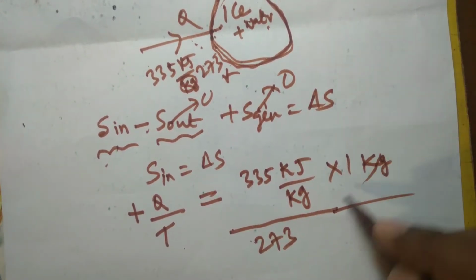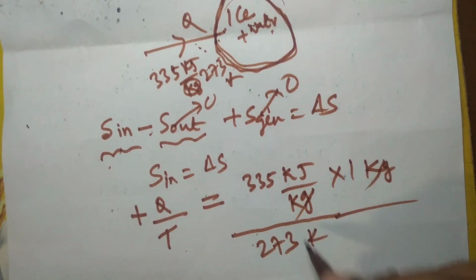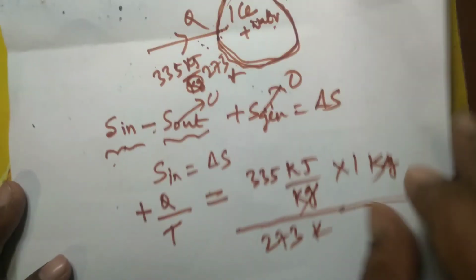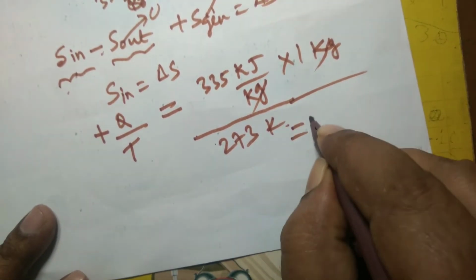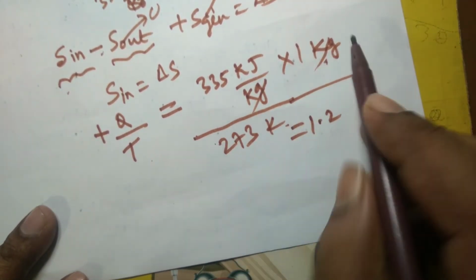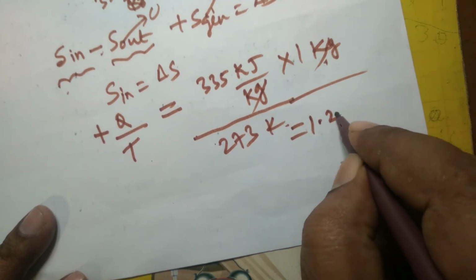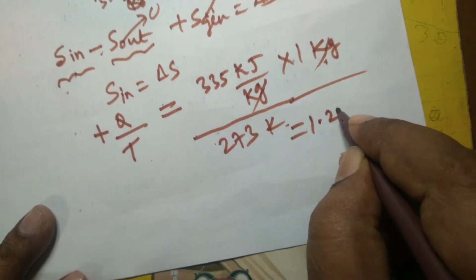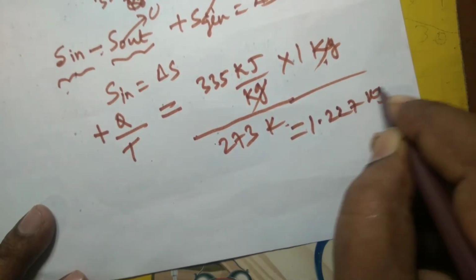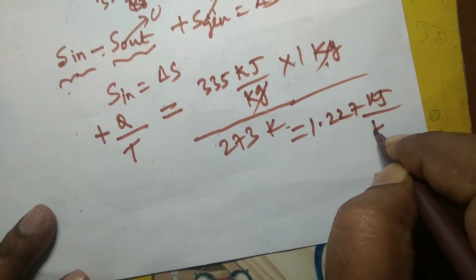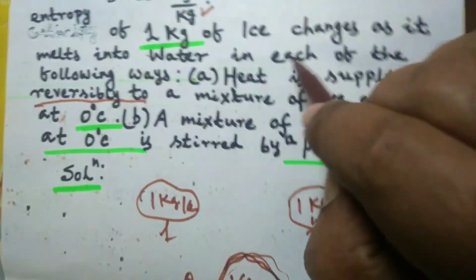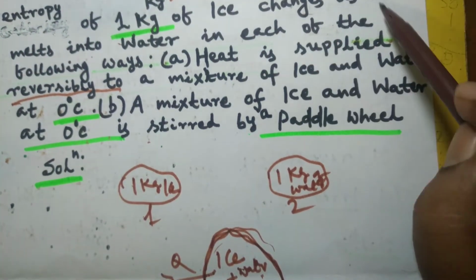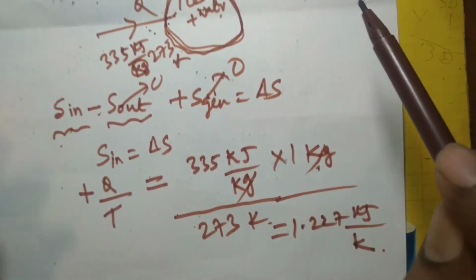So on cancelling this, the answer will be 335 kilojoule divided by 273 Kelvin. This is equal to, because 1 kg of ice is melted into water, 1.227 kilojoule per Kelvin. So this is given. How much does the entropy of 1 kg of ice change? So mass is here 1 kg.